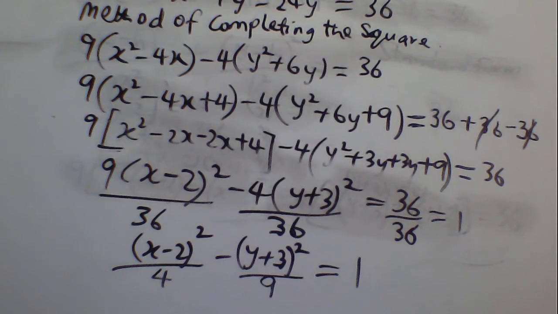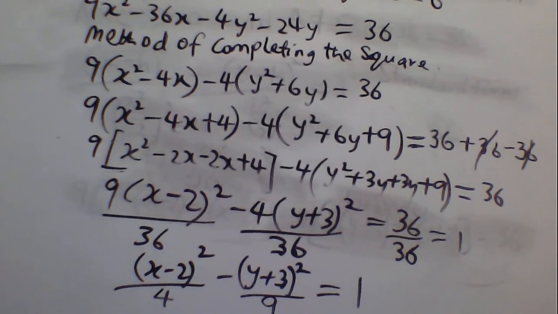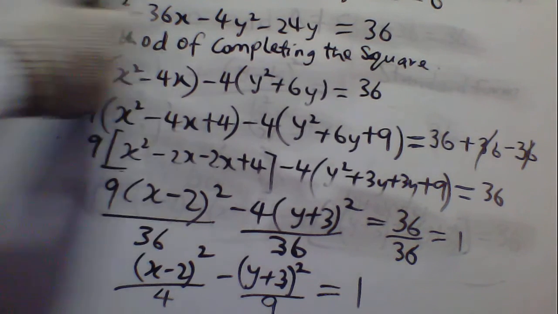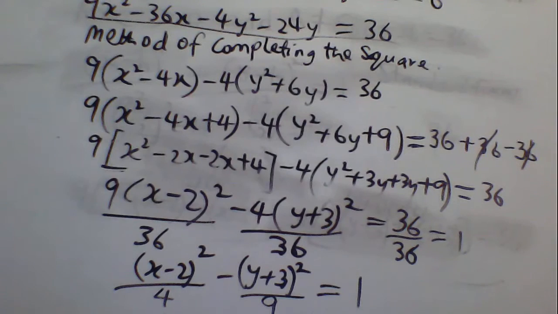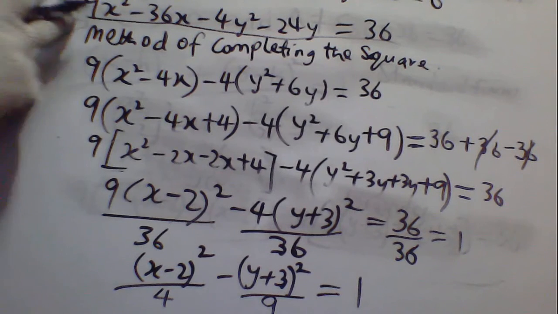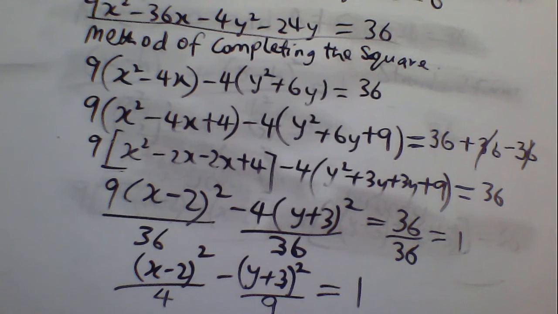So this is the standard form. You have converted from general to standard form. So this is the standard form of the given equation. After collecting the like terms, this is how the equation looks like.